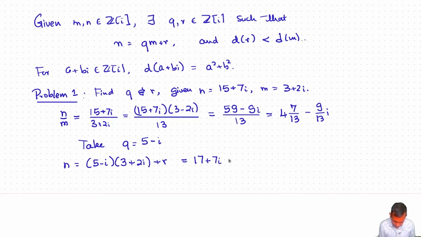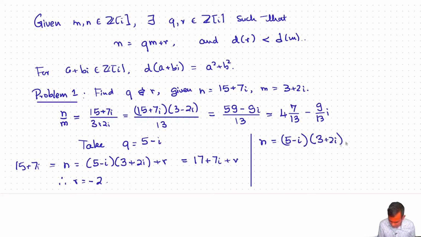So what we get is r is equal to, well, n is 15 plus 7i, so we get r is equal to minus 2. So what we have is n is equal to 5 minus i into 3 plus 2i minus 2. So q equals 5 minus i and r equals minus 2.